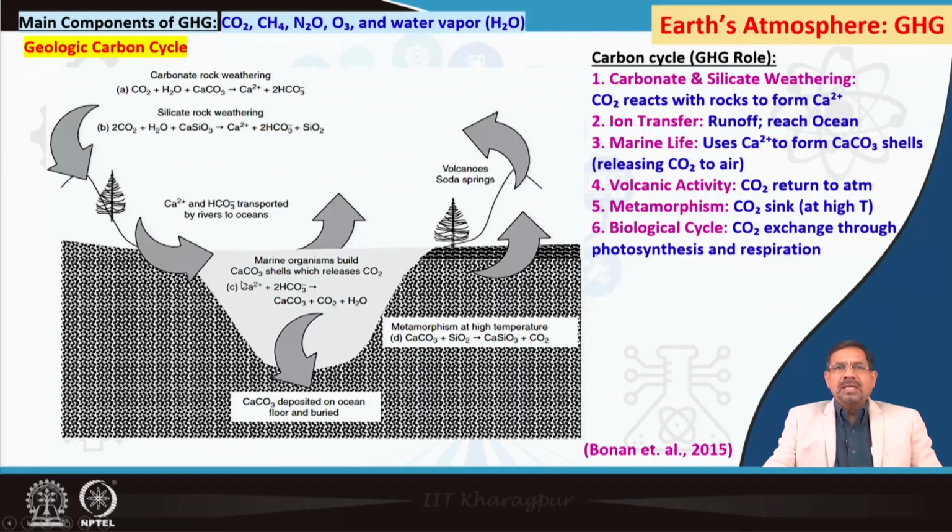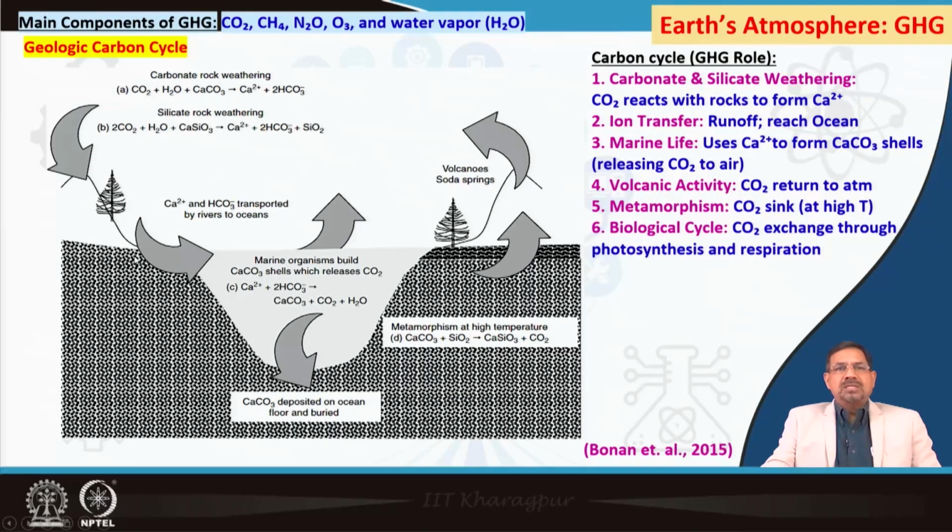Now, these marine organisms come in contact with these ions and they build calcium carbonate shells, that is their outer shell, and in that course they release some carbon dioxide into the system in ionic form.